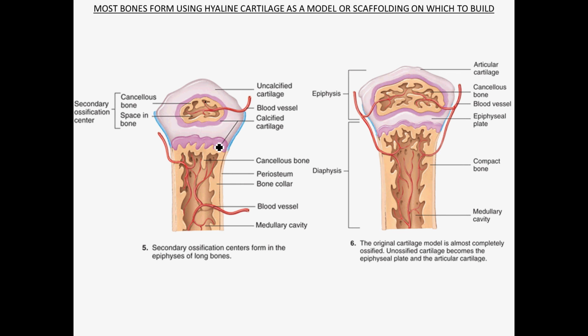In the meantime, this calcified cartilage is growing, right, outward, in every plane from that secondary ossification center, and this cartilage here is becoming calcified, right, and so you have that process happening this way.